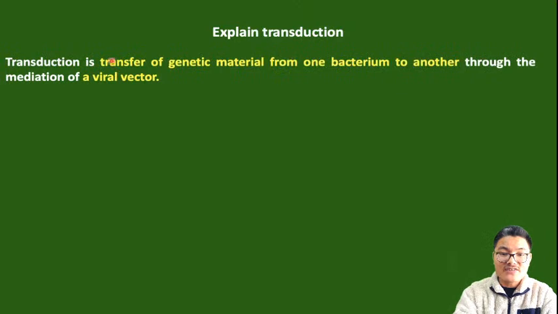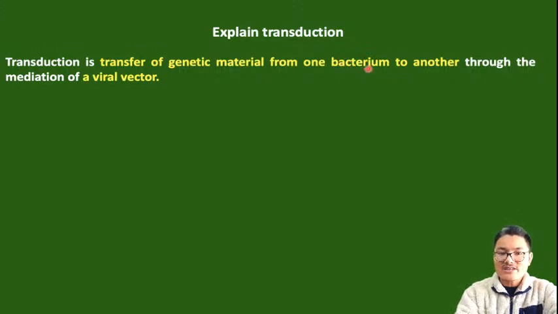Transduction is transfer of genetic material from one bacterium to another, or from one cell to another, with the help of a virus. So we have a viral vector. The virus will be carrying the gene, and it will be mediating the transfer of genetic material from one bacterium to another. That can also be done in other living organisms, not just bacteria, but as we use bacteria most of the time in genetic engineering, we write bacteria here.